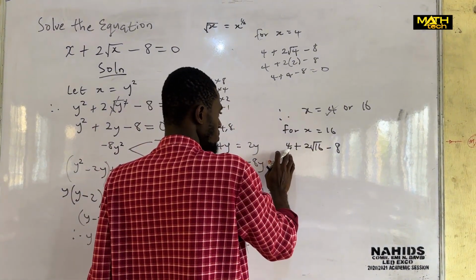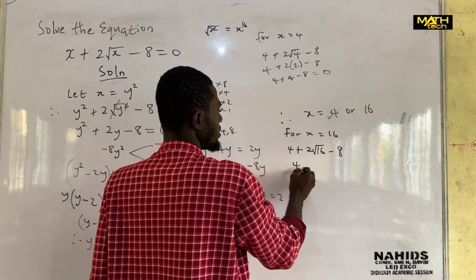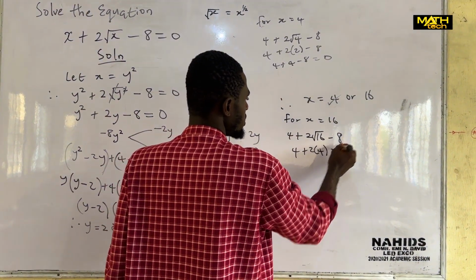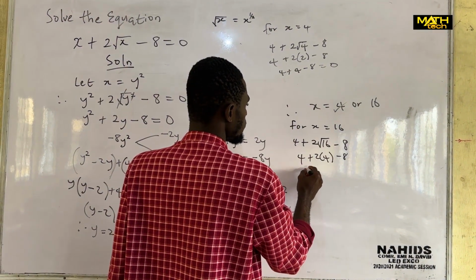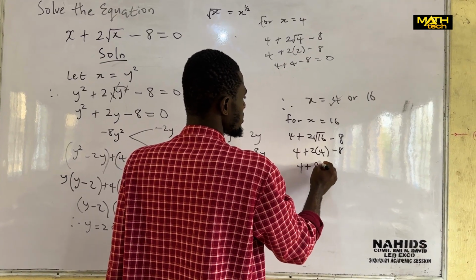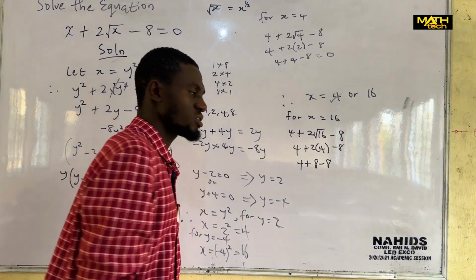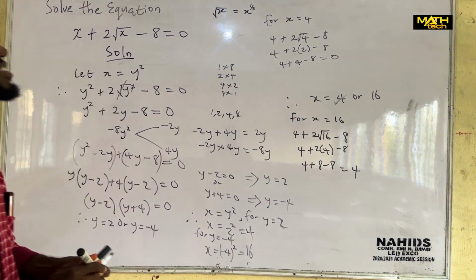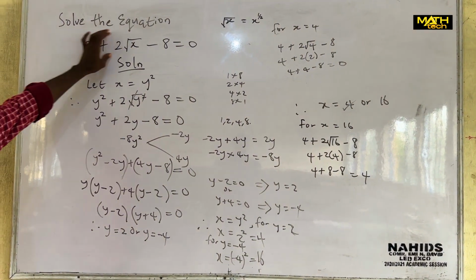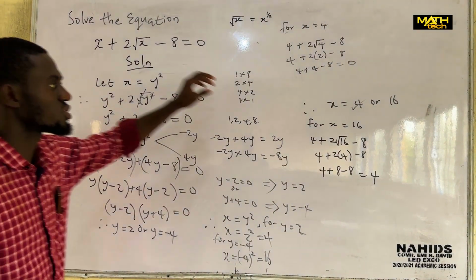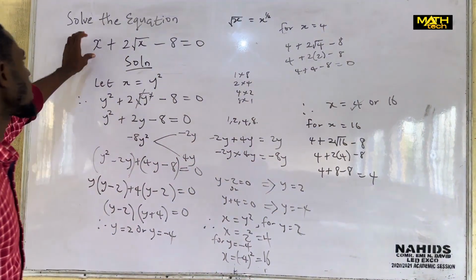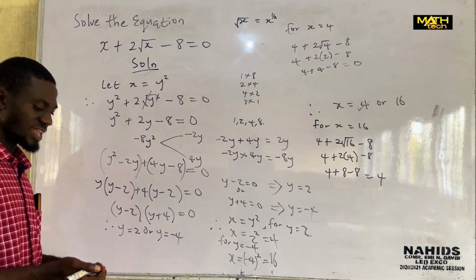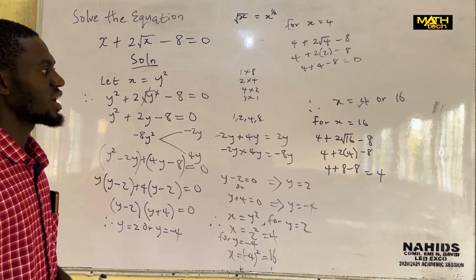So square root of 16 is 4. 2 times 4, so here will be 2 times 4 minus 8, and here will be 16 plus 8 minus 8. 8 minus 8 is what? 0. So the real value or the real root that suits this expression here is what? 4. The correct value of x that suits this expression here is what? 4.